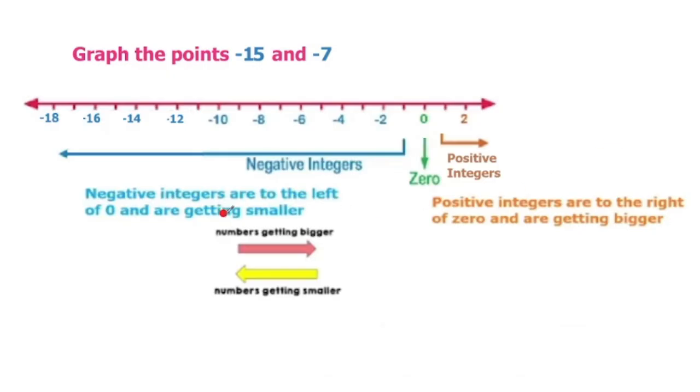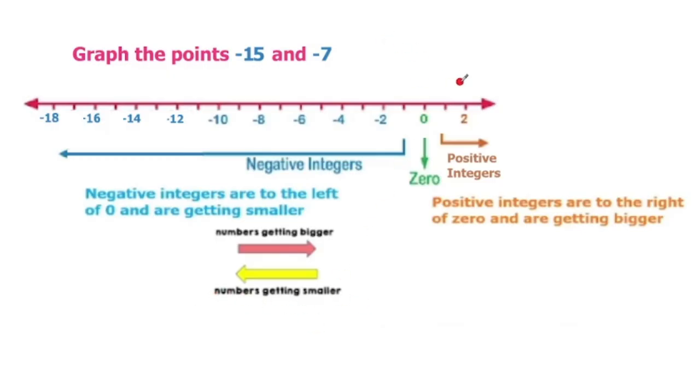So, in general, numbers get bigger as you go from this way to this way. Even though these are negative numbers, when you're going this way, they're actually getting bigger and bigger and bigger until they get positive. Okay? And then at the same time, numbers are getting smaller when you go this way.